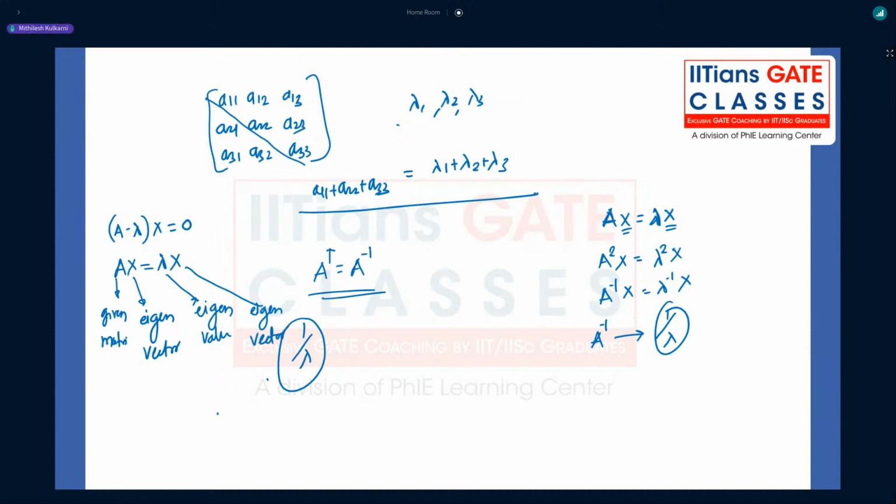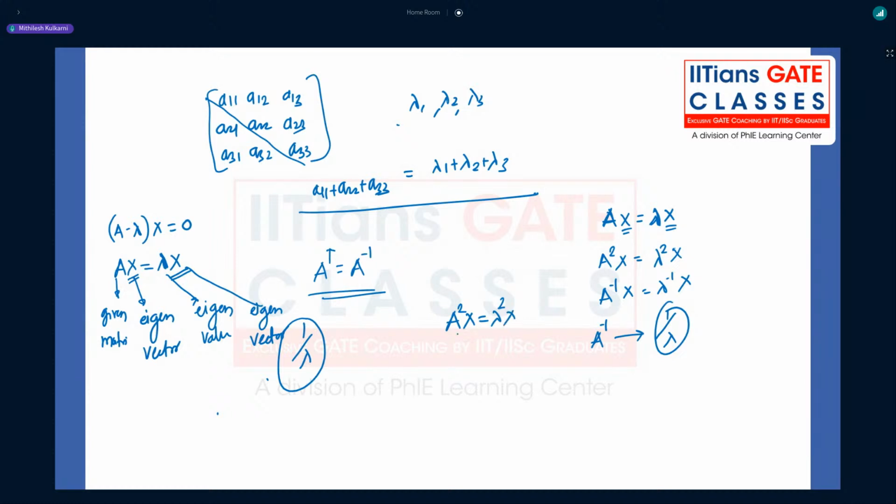So whatever operation you perform on A, here x, that is the eigenvector, is common on both sides, so the same has to be performed on lambda. Suppose I want to calculate the eigenvalue of A square, then it will look like this: A square x equal to lambda square x.